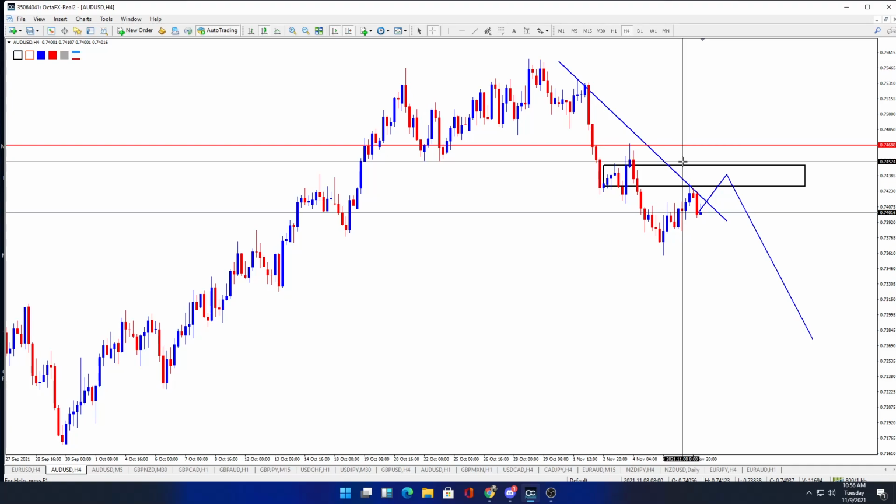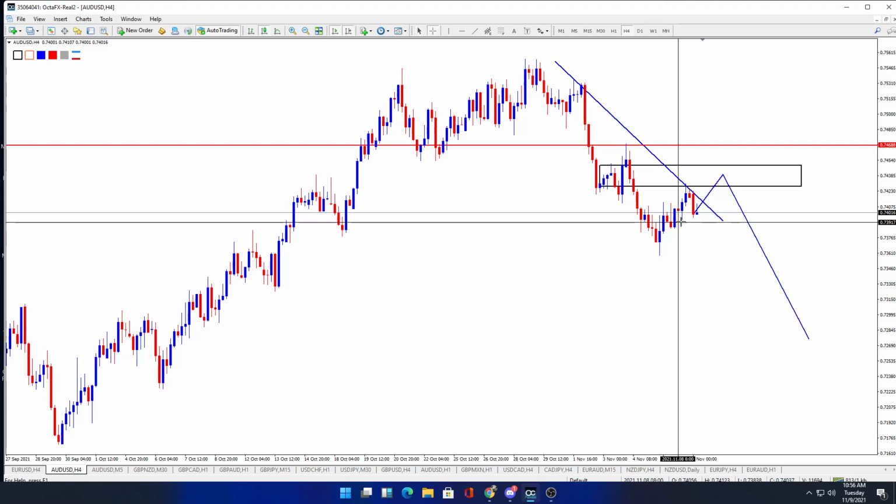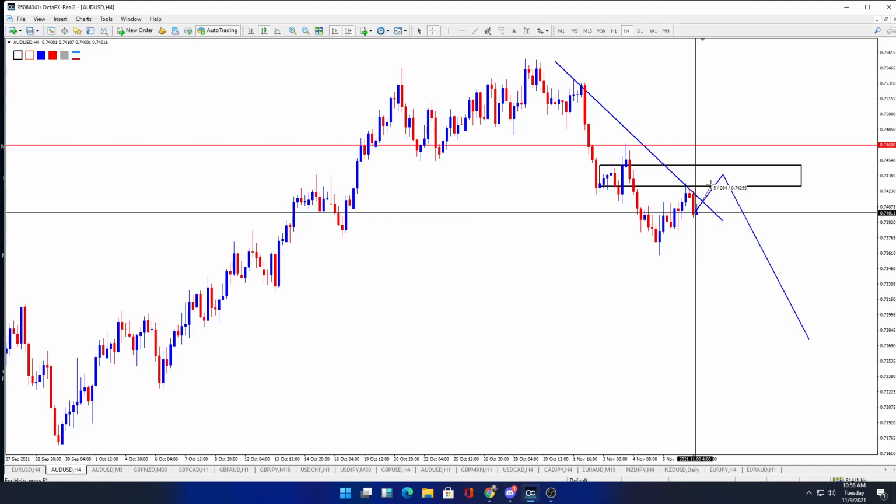So you can put cut loss somewhere in here or here. So the SL is 0.74688. So from this price to this zone area is around 29 pips.